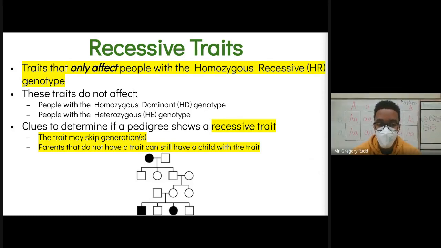The clue that will tell us if a pedigree is a recessive trait is if we see the trait skipping generations. So this means now it is possible to have a trait even if neither of your parents had it.